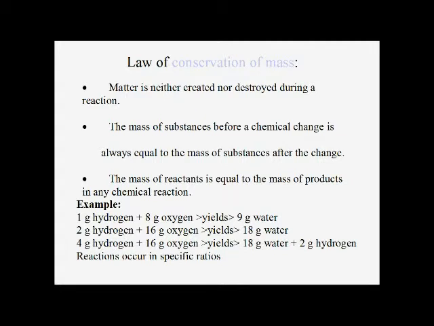So when we are combining hydrogen with oxygen to produce water, we have this ratio of 1 to 8. 1 gram hydrogen to 8 grams oxygen to give us 9 grams of water. And if we try to change that ratio, we don't change the amount of water that we can get, but we'll have some excess reactant left over. But the total mass before and after the reaction will remain the same.